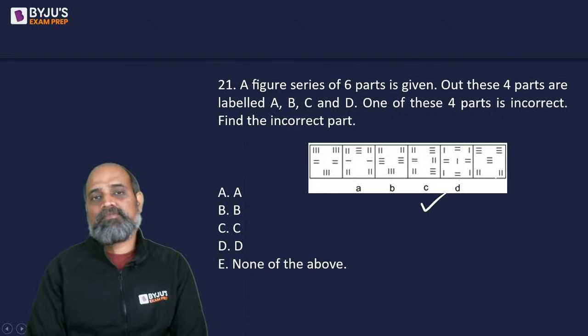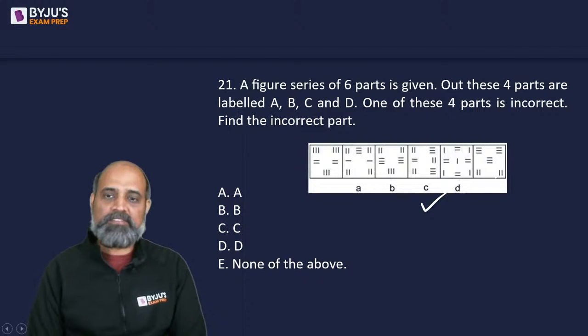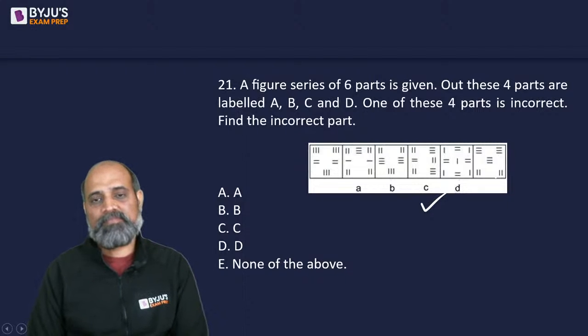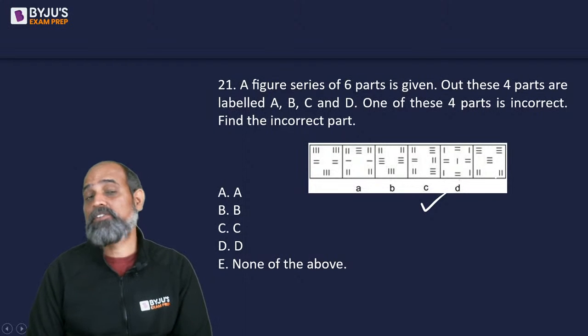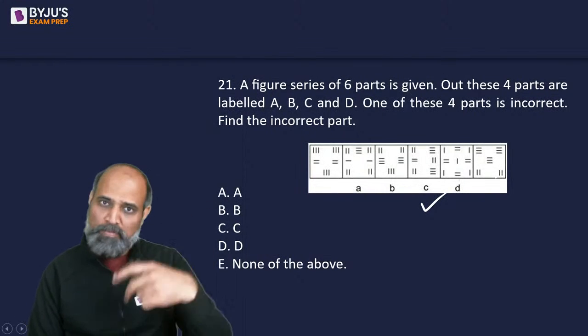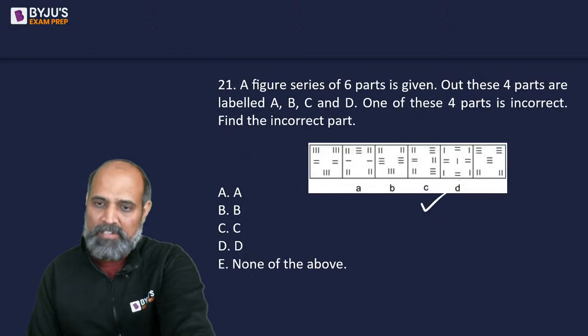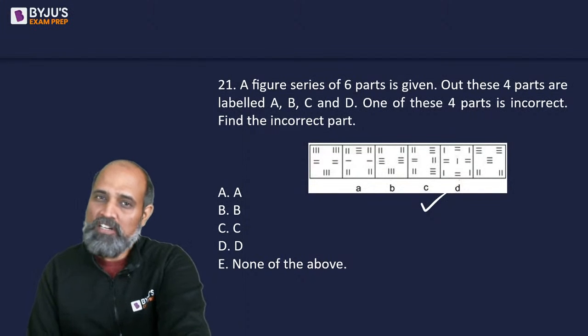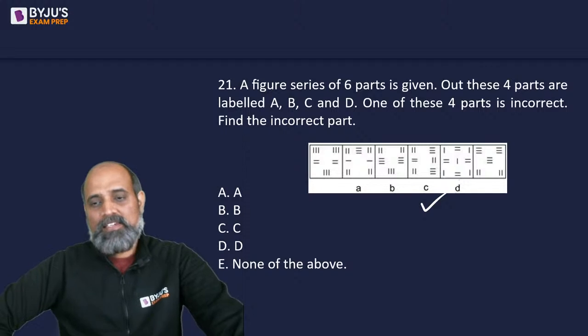C is the answer. Can anybody tell me why C is the answer? Very simple logic, but very good logic. ऐसा नहीं कि ऐसे कुछ भी random है. Anyone who can tell me why Charlie is the answer? C क्यों है?